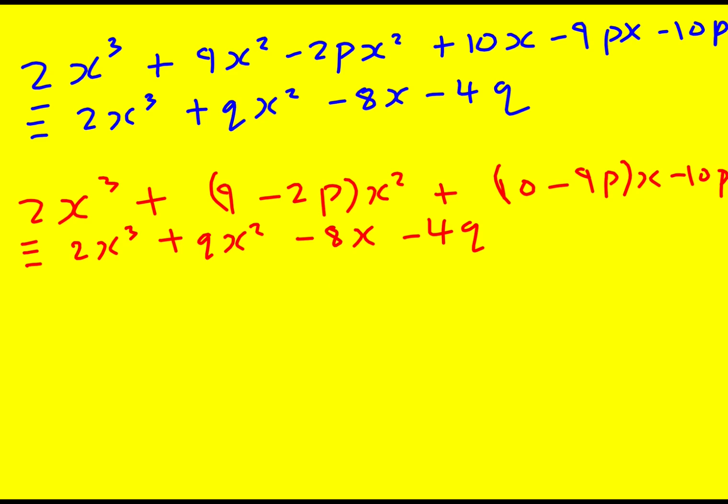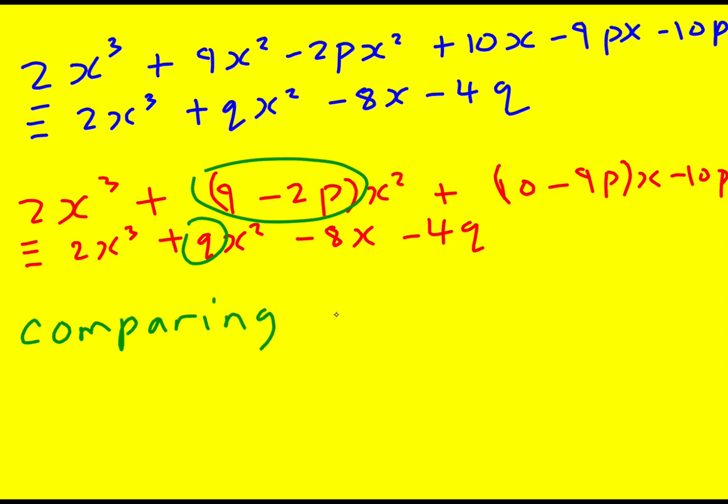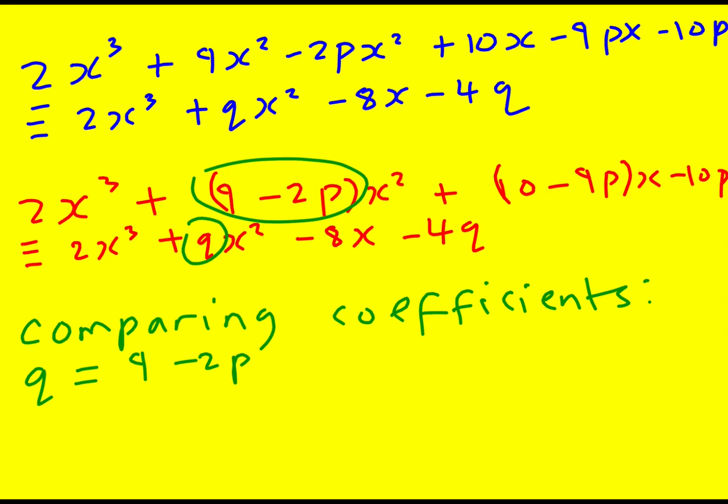Okay, so I can now compare. I've got q and 9 minus 2p. So I should probably say comparing coefficients. Let me just say again, because this is true for all values of x, it must be that these are true. So q equals 9 minus 2p.